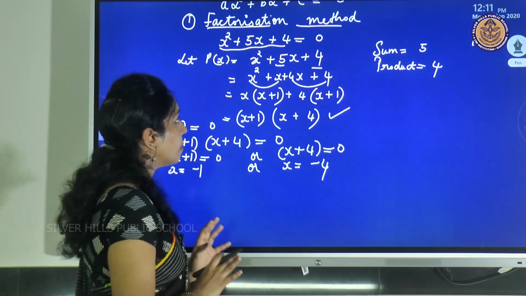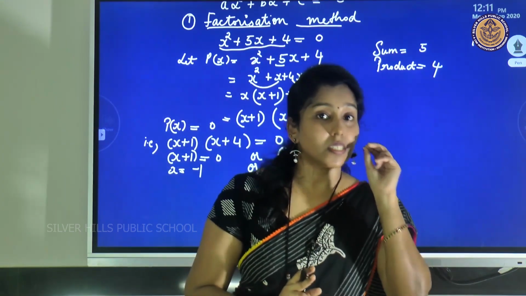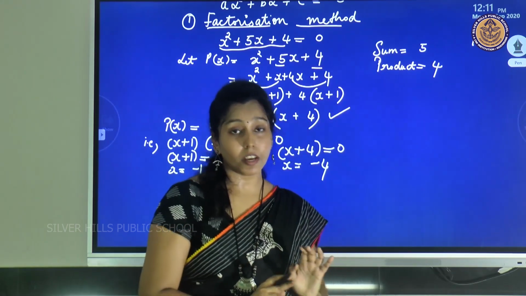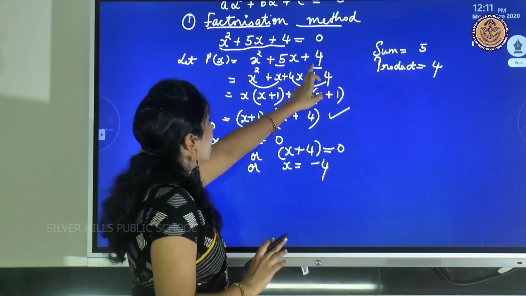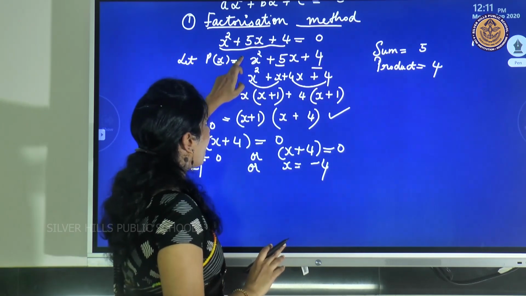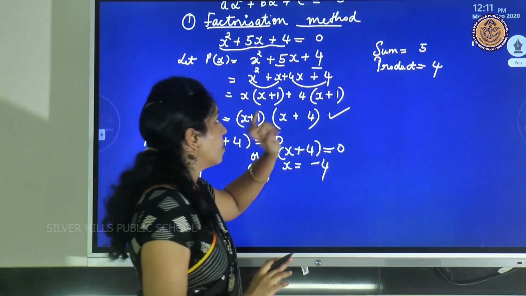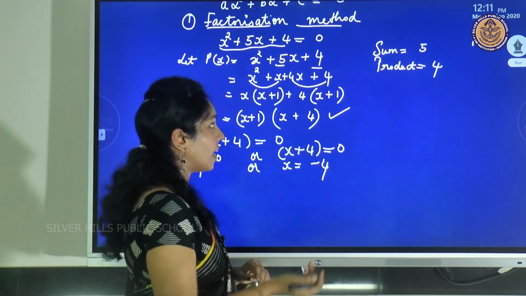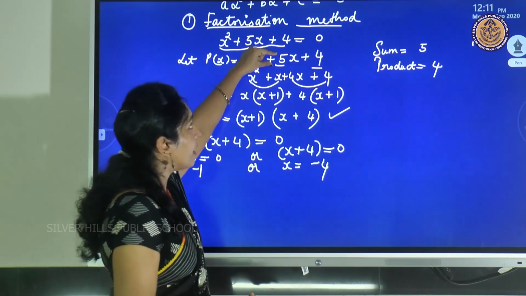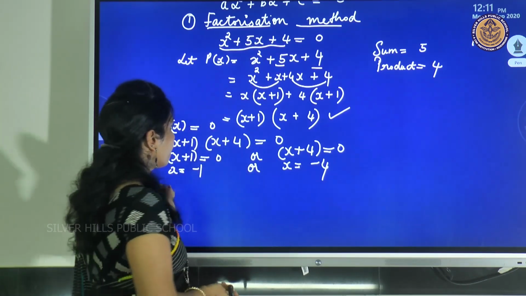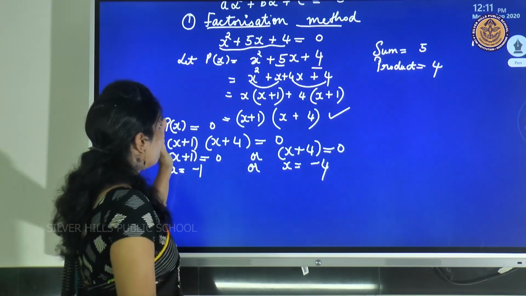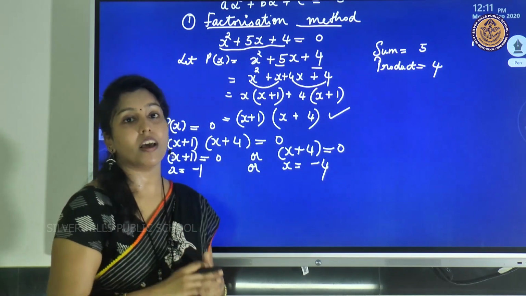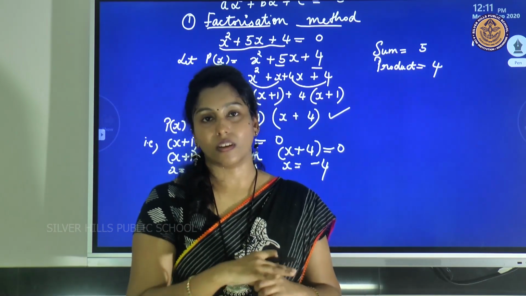And splitting the middle term means we just select two numbers whose sum is the coefficient of x, so here it's 5, and product is the product of constant term and the coefficient of x square. So I get 1 into 4, that is 4. Accordingly, we'll select the numbers and then we'll split the middle term 5x. After that, we equate the polynomial to 0. We collect the values of x and those values are called roots of the quadratic equation.